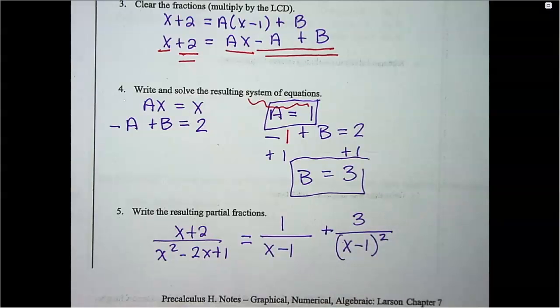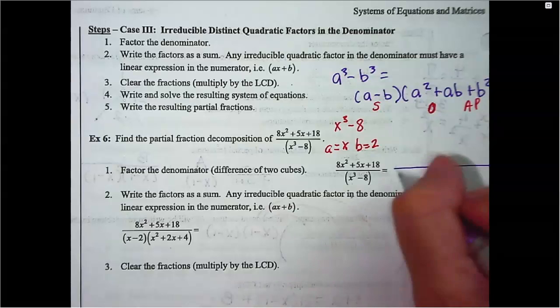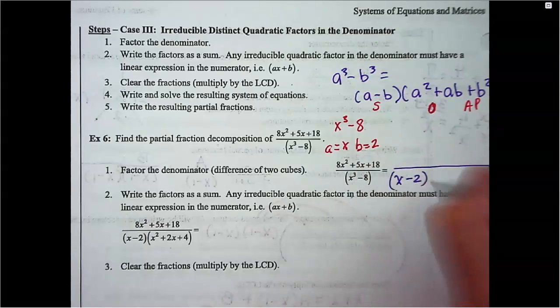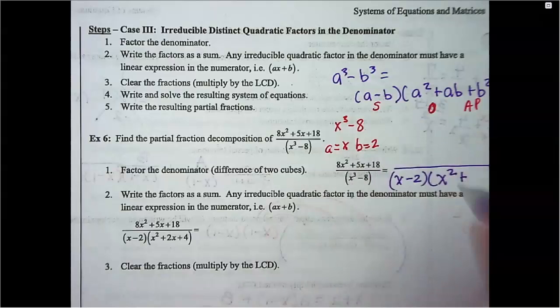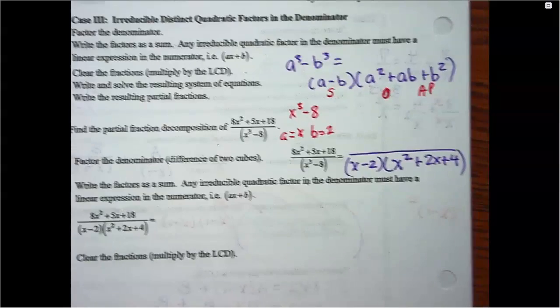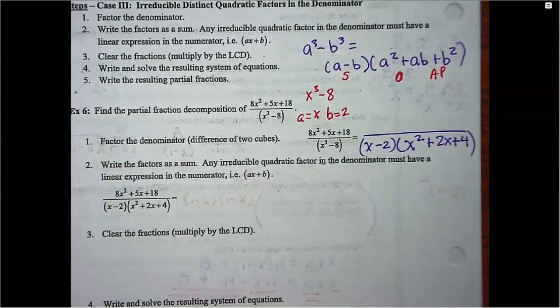Or you could write it as x minus 1 times x minus 1. A minus b, so x subtract 2. A squared, which is x squared, plus a times b, 2x, plus b squared, which is 4. All right, so that's the first step, is all into the different parts.